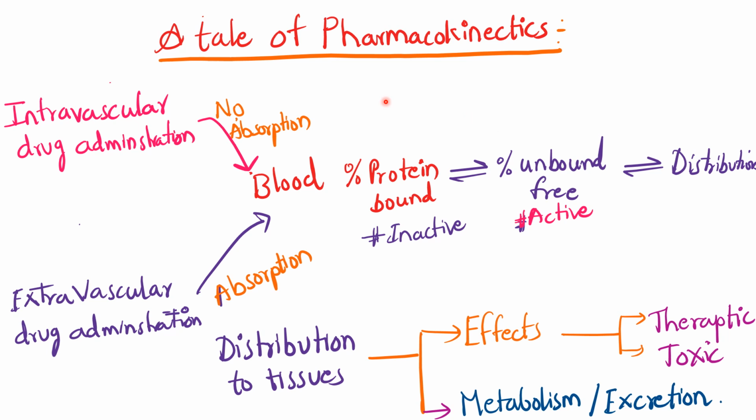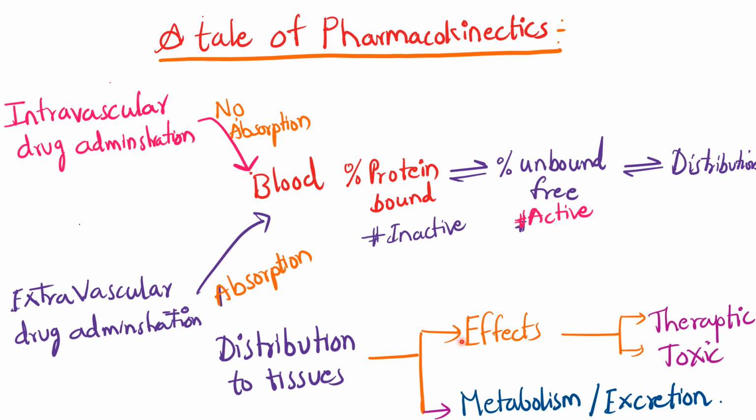Let's look at the fate of the drug in pharmacokinetics. When we give a drug through intravascular administration, there will be no absorption. It directly enters the blood, and some of the drug binds to protein, which is inactive, and some of the drug which is unbound is active. The drug which is not bound to protein shows the therapeutic effect. It is distributed to the tissues.